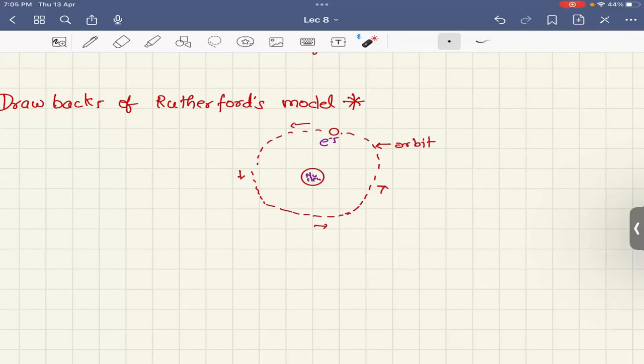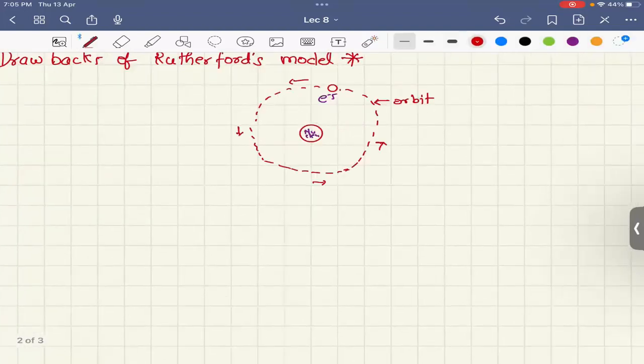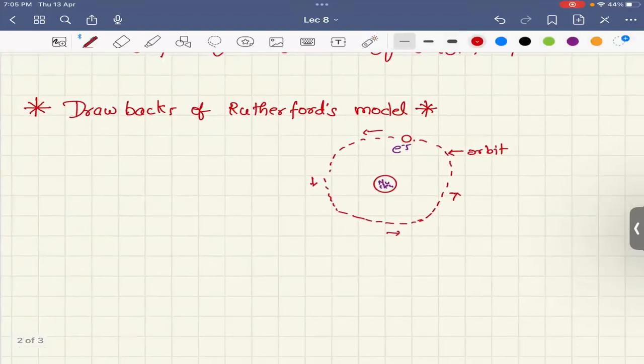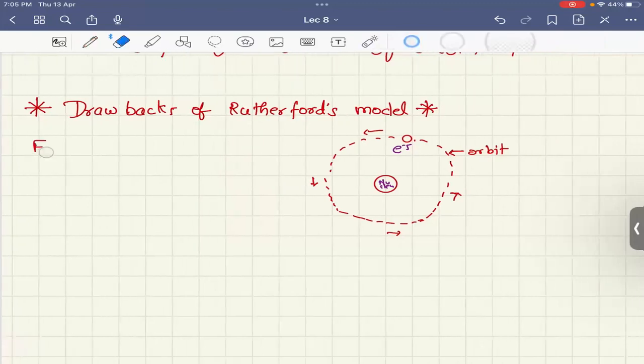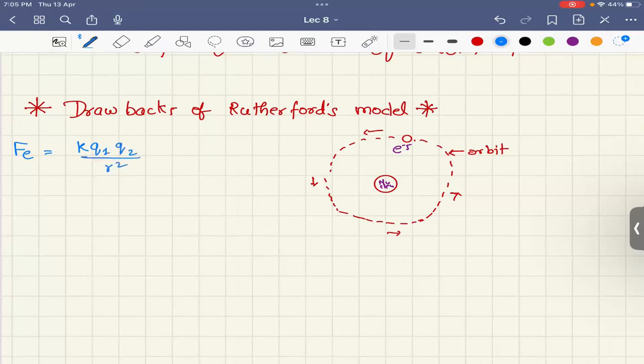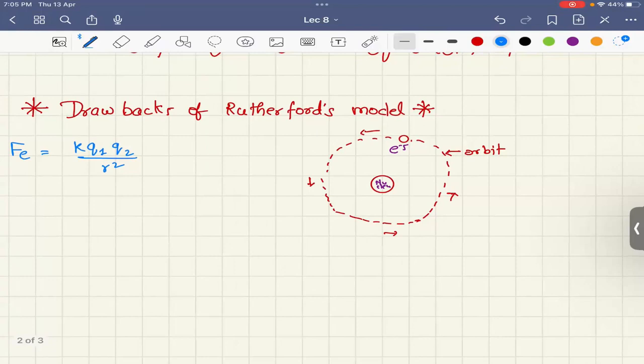The Coulombic force between the nucleus and the electron, let's say the electrostatic force, is K Q1 Q2 by R square, where Q1 and Q2 are the charges, R is the distance of separation between the nucleus and the electron, and K is the proportionality constant.